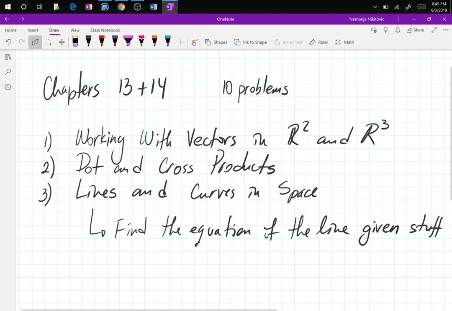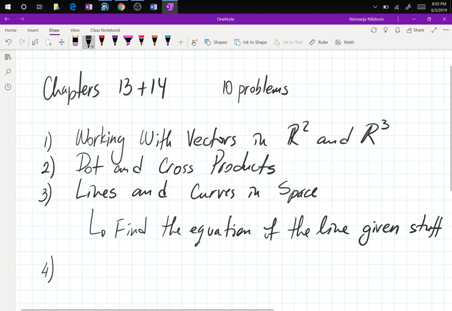So find the equation of the line given stuff means you can have any configuration to find the equation of the line. Oh wait, this is not curves, this is planes in space. Lines and curves in space, it's whatever.